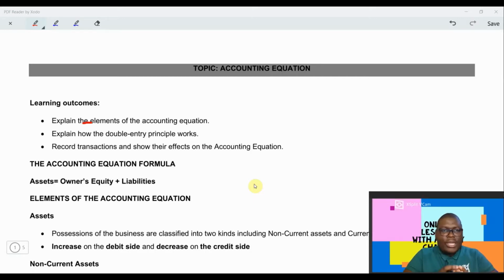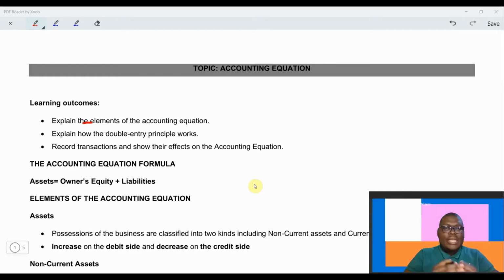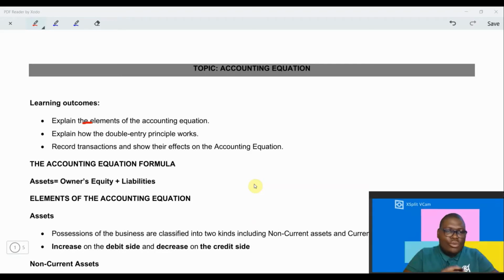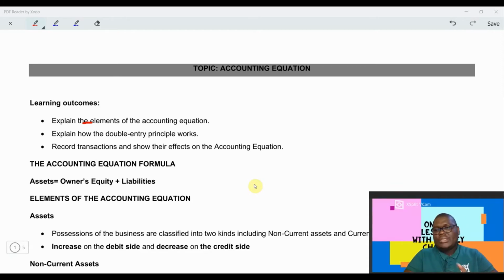I saw that now the grade 10 learners are even doing the balance sheet. But anyway, it's happening. So it will help you to understand how the accounting equation works so that you can be able to prepare financial statements with careful consideration, having paid attention to the transactions that took place and how the accounting equation actually had an influence on those transactions.